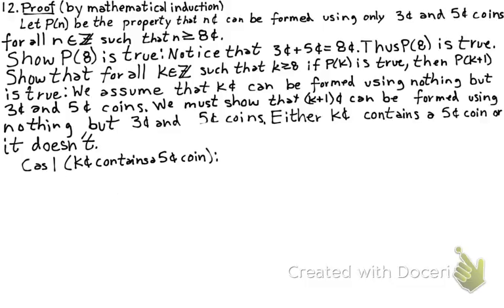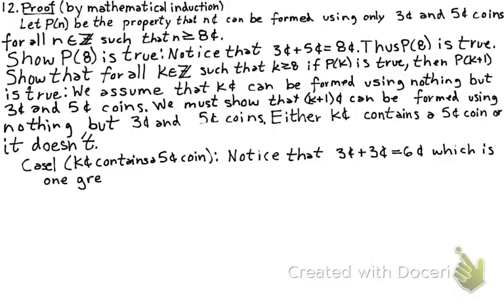So in this case, notice that 3 cents plus 3 cents equals 6 cents, which is 1 greater than 5 cents.